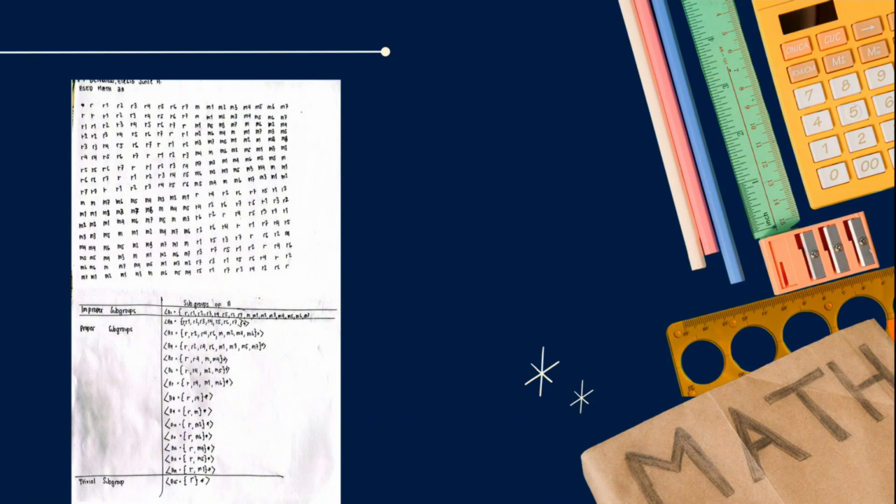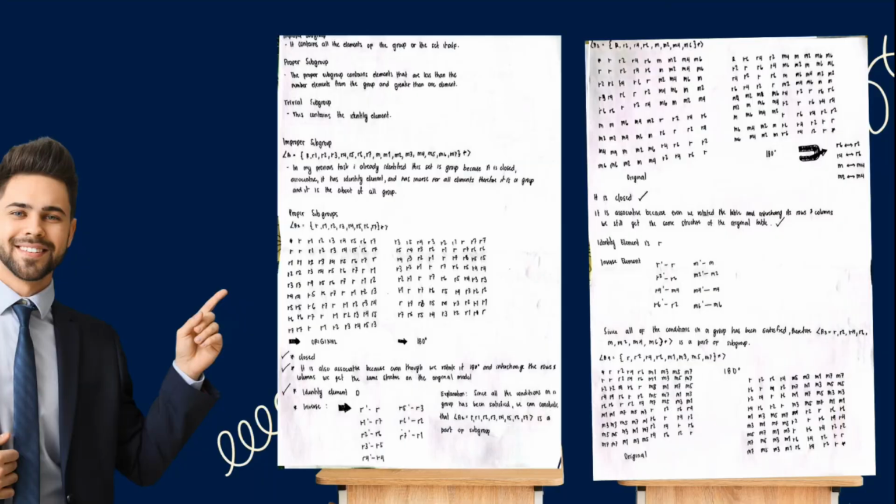And lastly, under trivial subgroup, we have A15, which is R, the identity element. So the trivial subgroup contains the identity element.